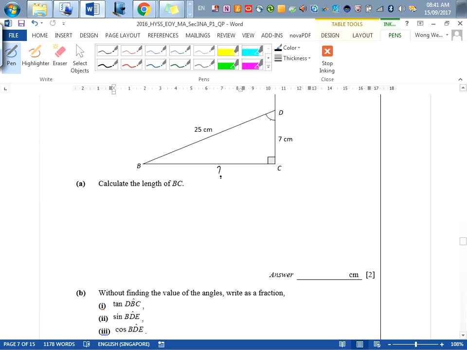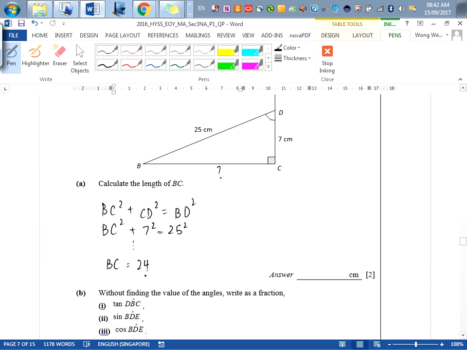So I know that BC square plus CD square equals to BD square. Okay, so BC square plus 7 square equals to 25 square. So I continue to work it out. BC will be equals to 24.